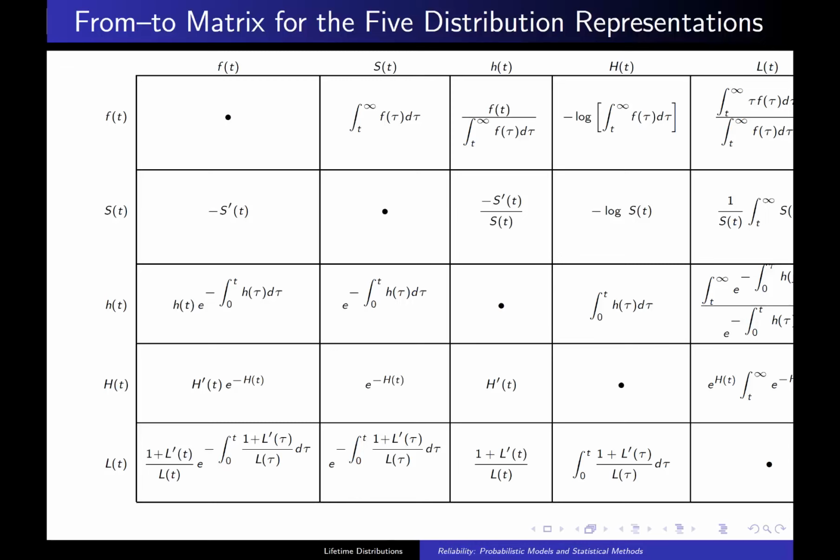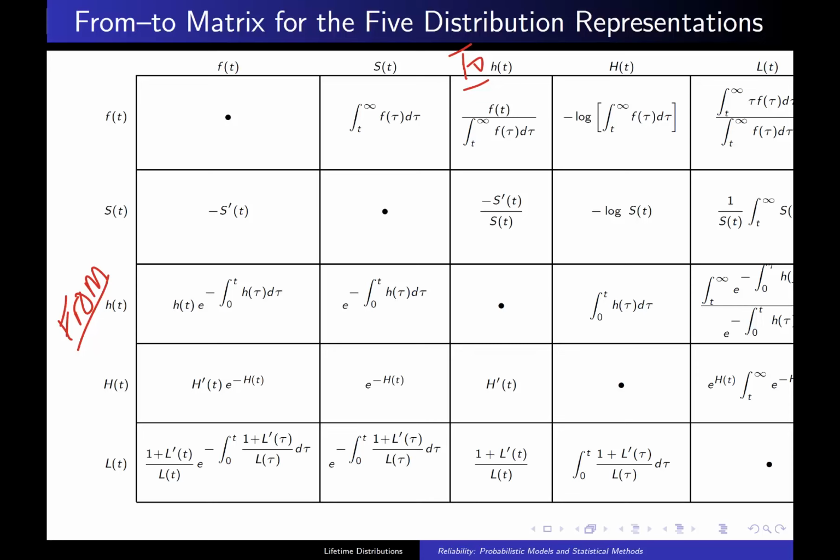Unfortunately, this 5 by 5 matrix is cut off here on the slides, but in the book you see it all the way out to the right. This is a from-to matrix, and so what we're doing here is we're saying that we are going from this lifetime distribution on the row to the lifetime distribution on the columns.